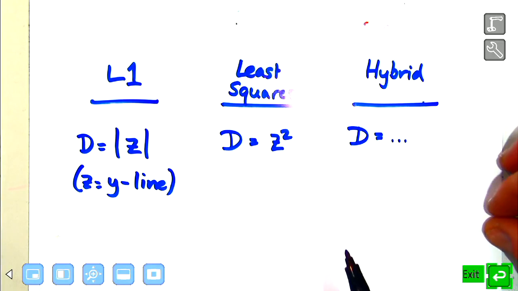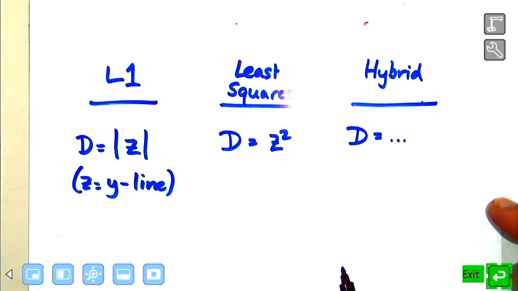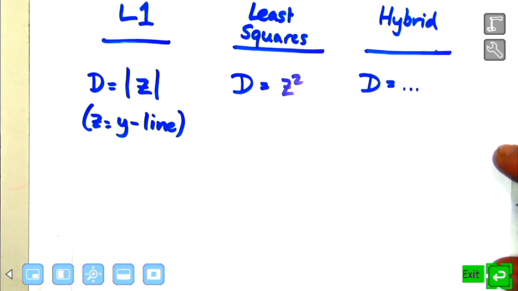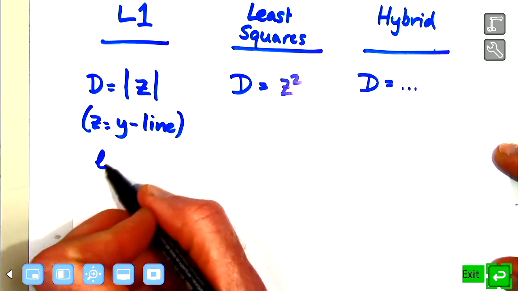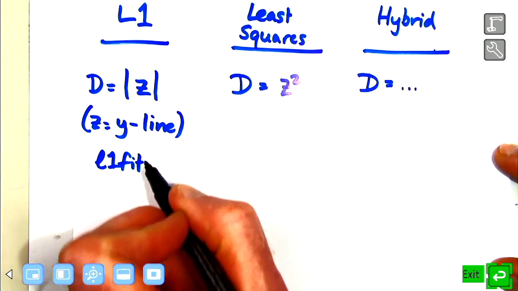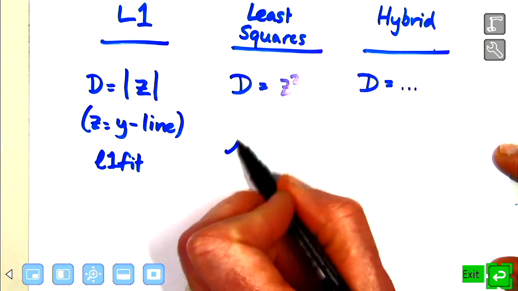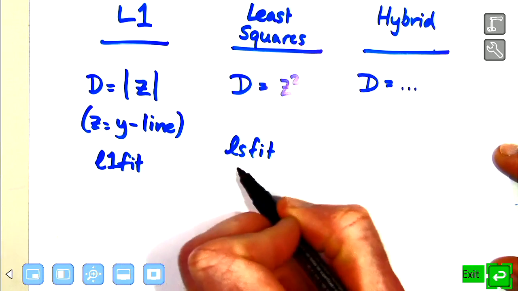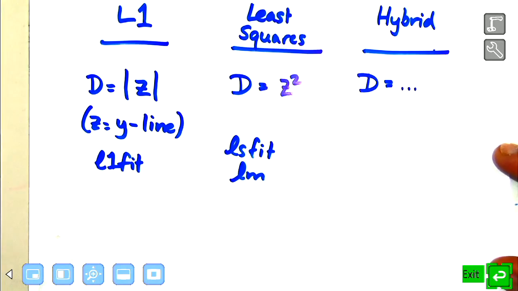And for this one, we need to come up with a d. So these are our options for fitting. As I said, in R, this is L1 fit. In R, this is LS fit or LM. Now we need to think about this one.